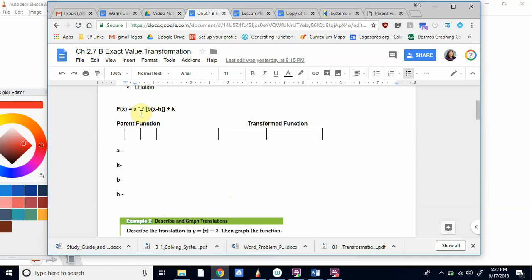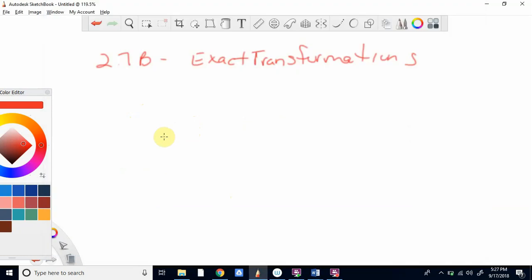So we've talked about this general formula, a, b, h, and k, and how important those are in transformations. So in this box, you need to write in x and y. This stands for the parent function, whatever it would be. For instance, if it was the absolute value of x, that would be the parent function.